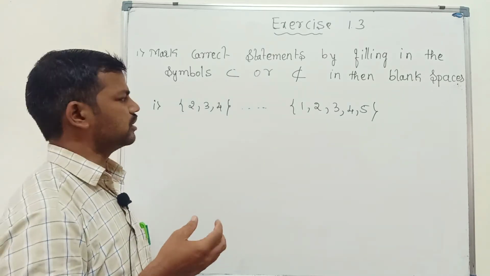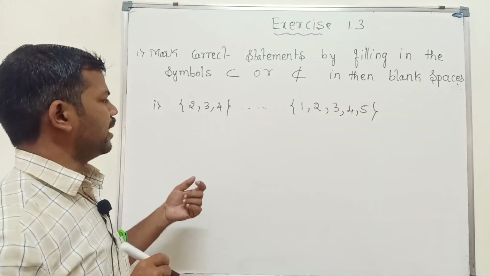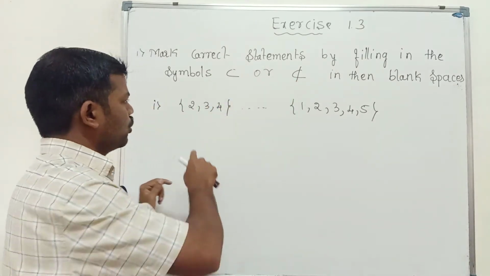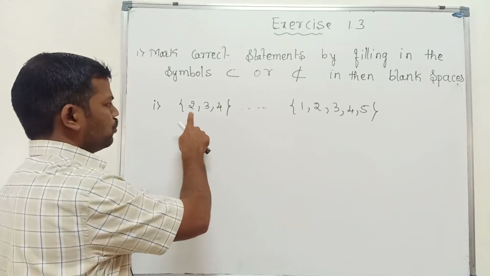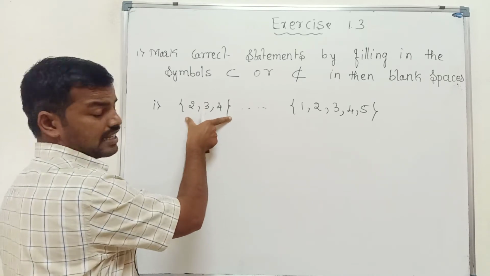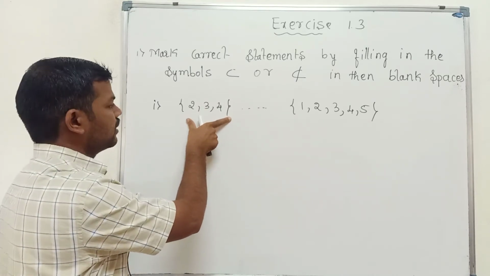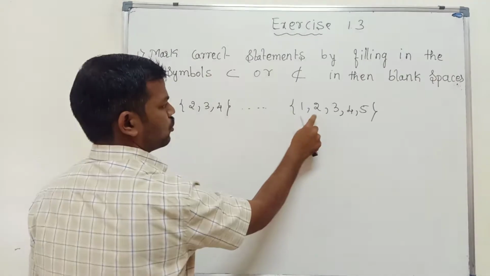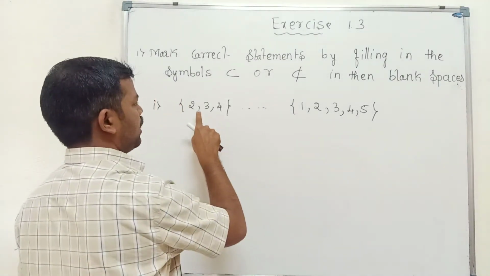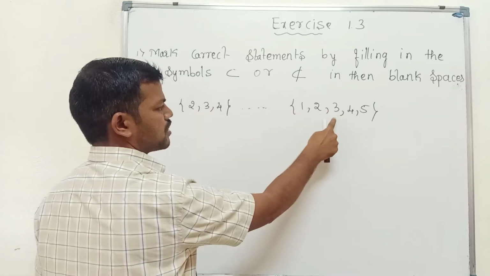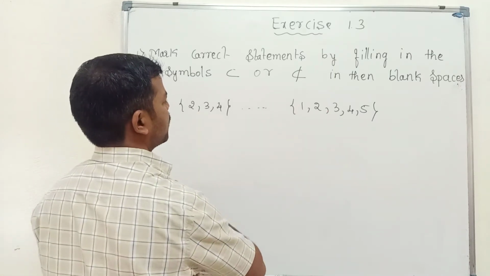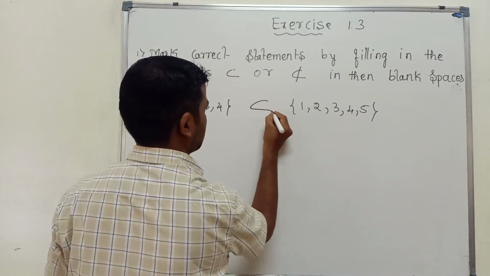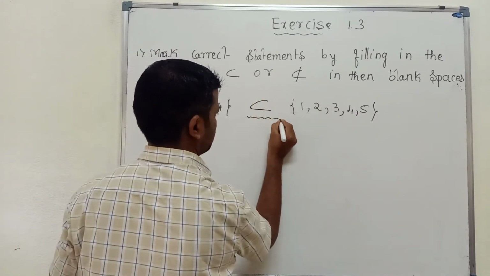We already know that. So now here we have to identify which symbol to use. {2, 3, 4} are the elements and it is a set. Are these elements there here or not? 2, 3, 4 are there. The elements of this set are the elements of this set, so it will become a subset. So we have to use the subset symbol.